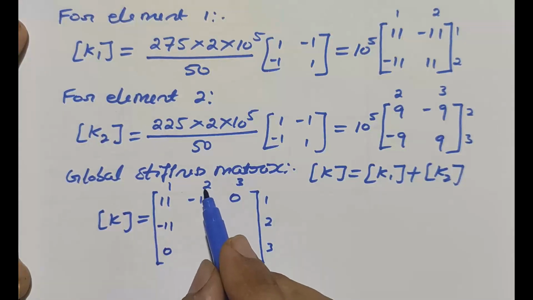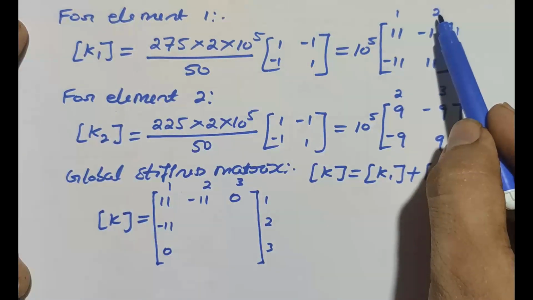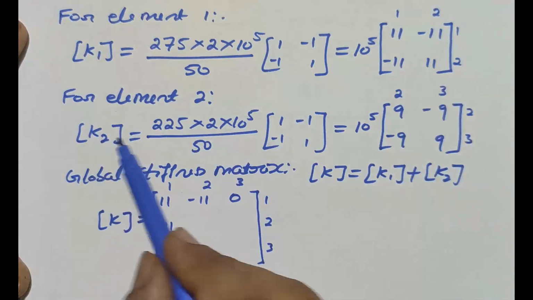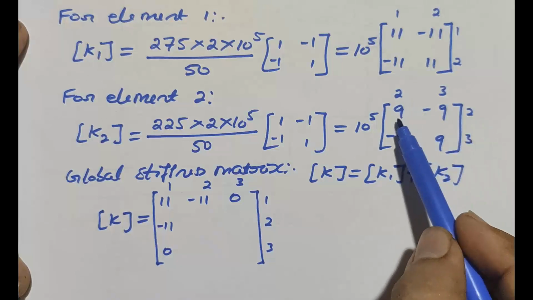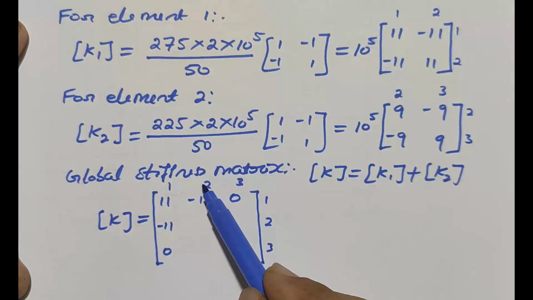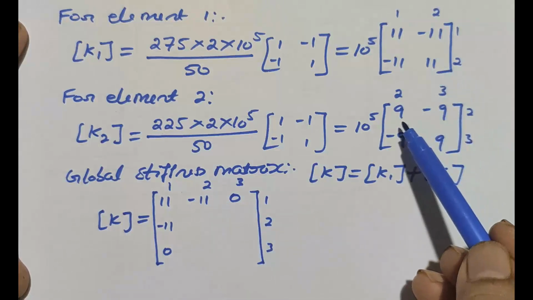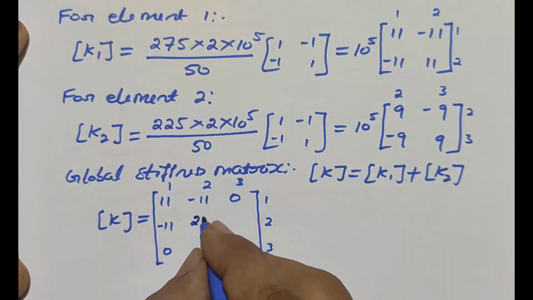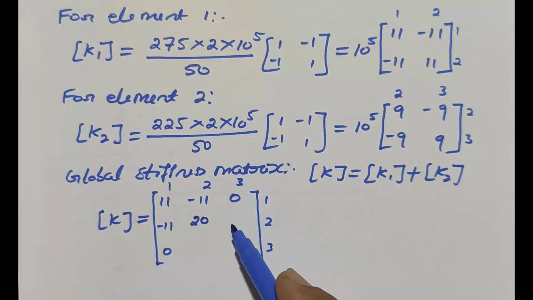Next, we need element corresponding to 2 and 2. See K1, here element corresponding to 2 and 2 is 11. In K2, we have element corresponding to 2 and 2, 9. So, here element corresponding to 2 and 2 will be 11 plus 9. It becomes 20. Next, we need element corresponding to 3 and 2.